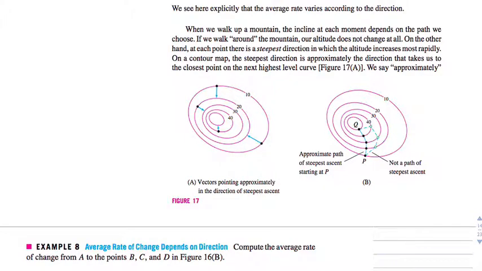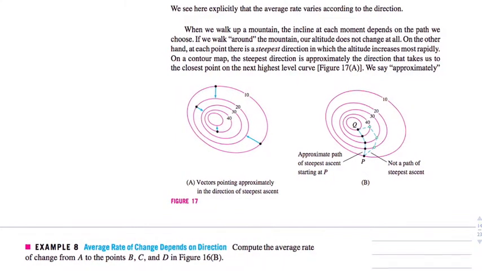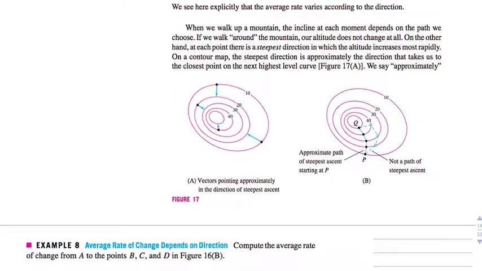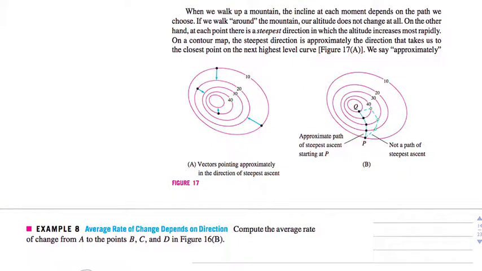Okay, so again, we see that the average rate of change varies with direction. So let's look at this. When we walk up a mountain, the incline at each moment depends on the path we choose. If we walk around the mountain, our altitude doesn't change at all. On the other hand, at each point there is a steepness direction in which the altitude increases most rapidly.